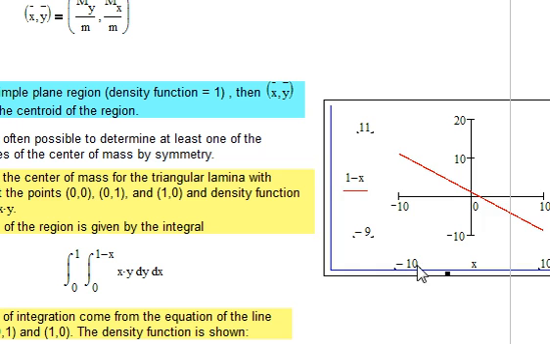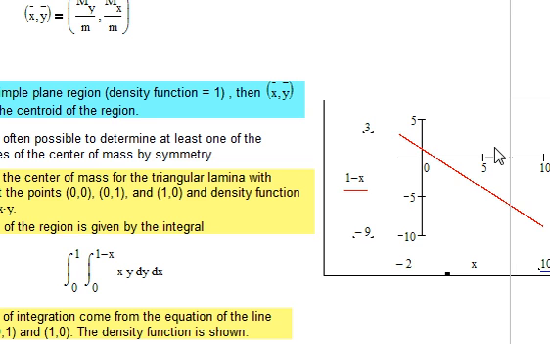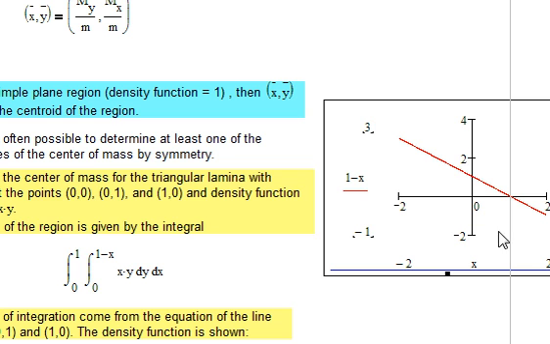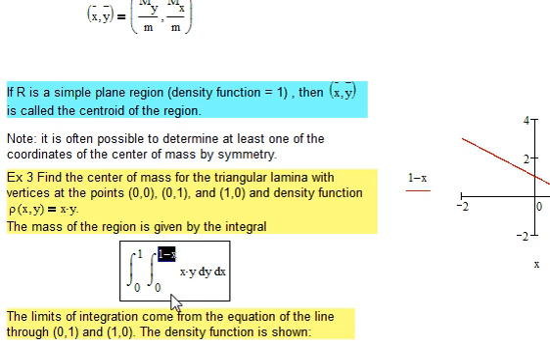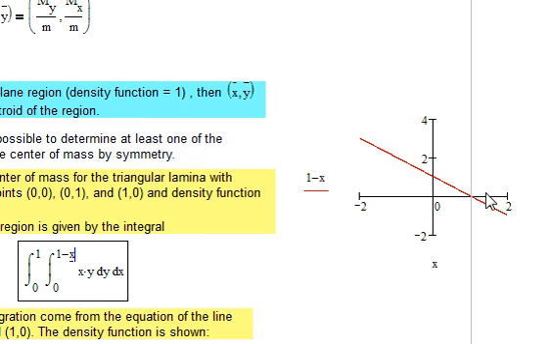There. The point (0, 1), the point (1, 0), this line has slope -1 and y-intercept 1, so it's -1x plus 1, or 1 minus x. So y goes from 0 to 1 minus x, and x goes from 0 to 1.